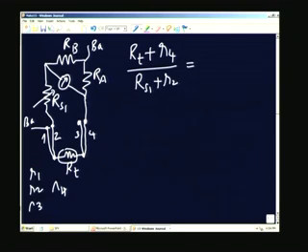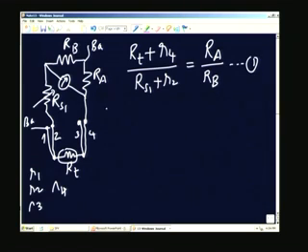So, I have taken this resistance, the ratio of these two must be the same as Ra by Rb. Ra by Rb equal to this resistance divided by this resistance. We will call this equation number 1.